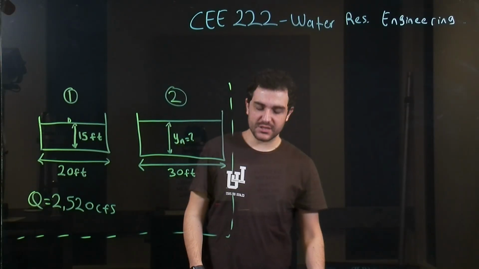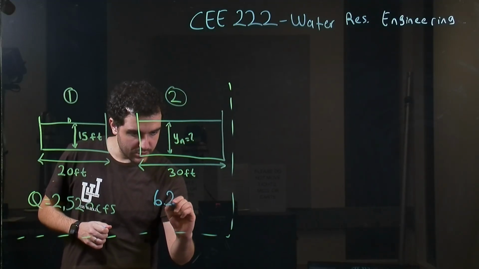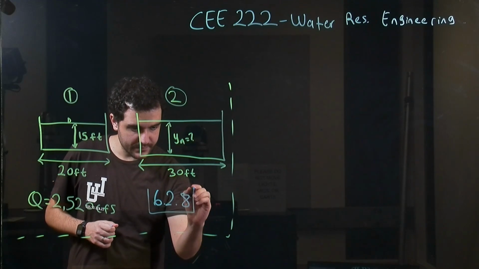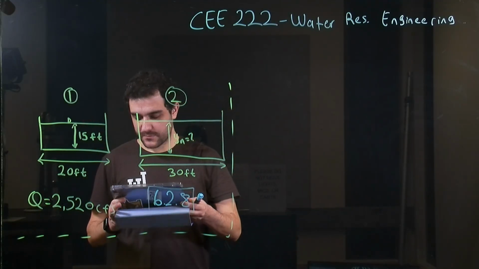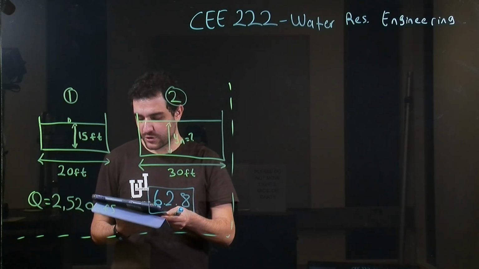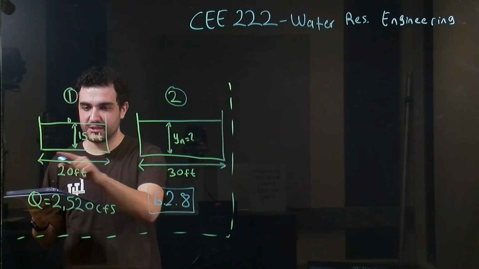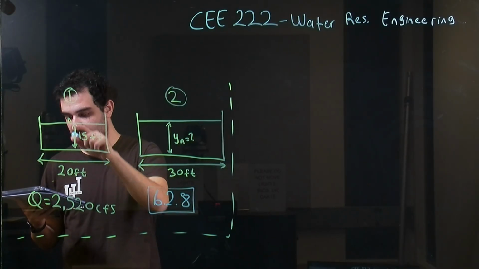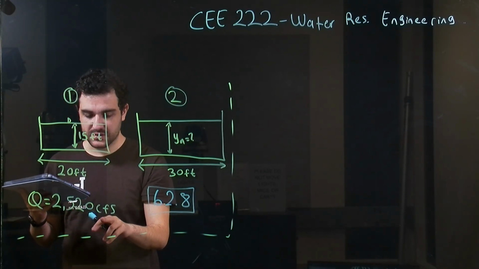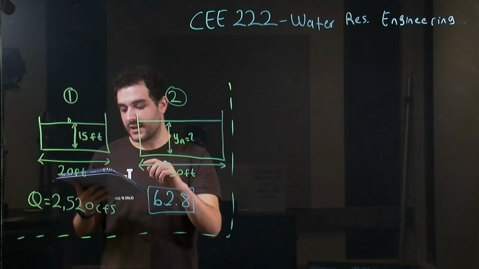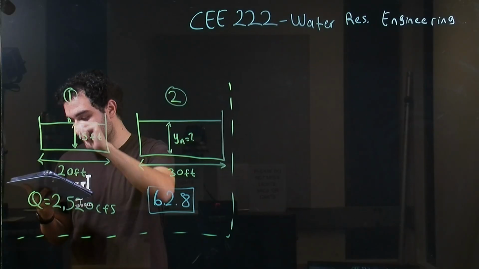Let's continue with question 3. This is the 6.2.8 question. Okay, in this question we have a uniform flow, and it occurs in a 20 feet wide rectangular channel, as you can see here, with a discharge of 2520 cubic feet per second, and we have normal depth as 15 feet in this first channel.